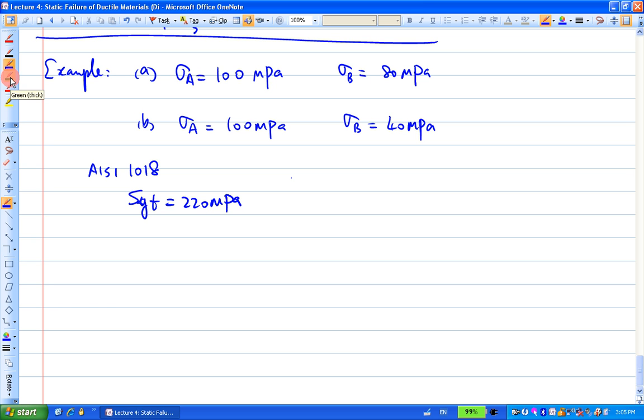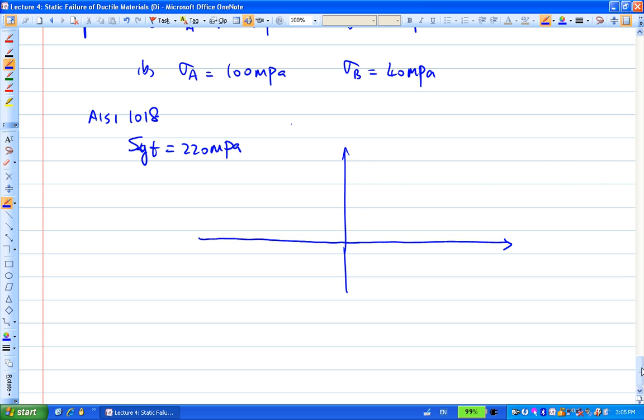Now we're going to use the graphical approach, the safety region or safety graph, for both theories. So let's use the MSS theory. This is sigma B, this is sigma A. What you do is draw this safety curve, the safety boundary for the MSS.